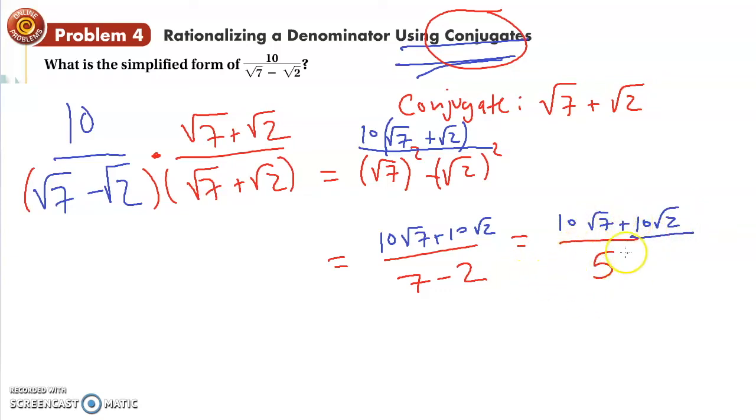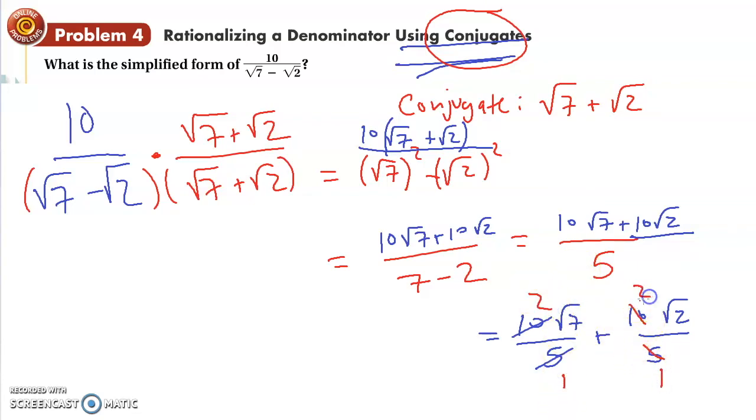Now remember, they're sharing a denominator, so if I wanted to, I could split this up into 10 square root 7 over 5 plus 10 square root 2 over 5, right? And notice that this guy and this guy reduced, to change the color, a 1 and a 2, and a 1 and a 2.